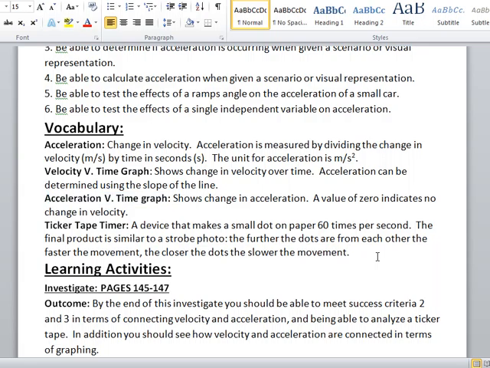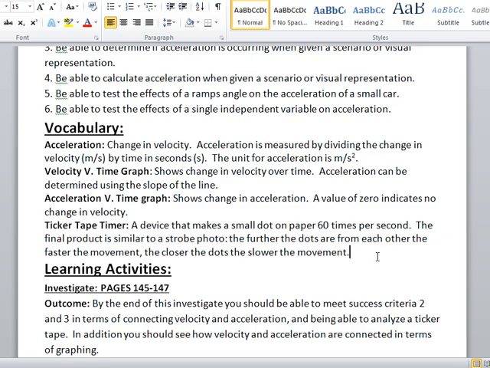Okay, now ticker tape timer. This is a pretty cool little device that you guys are going to be using. It's just an easy way to visually represent acceleration and velocity because it's going to show you distance between different dots. Okay, it's showing you pretty much where the paper was at a given time. The faster you move that paper, the further those dots are going to be away from each other.